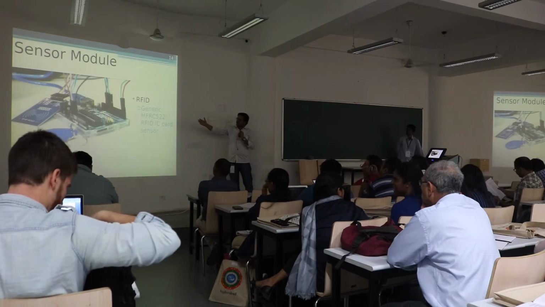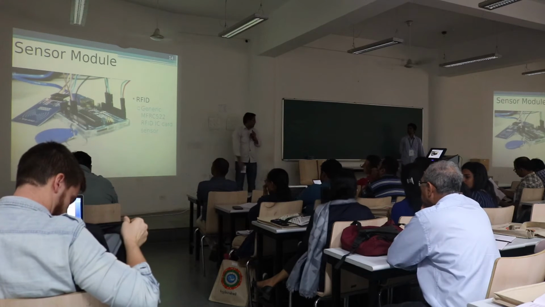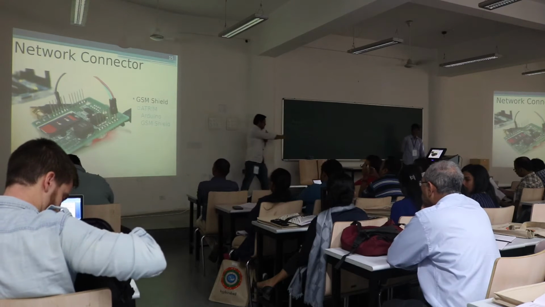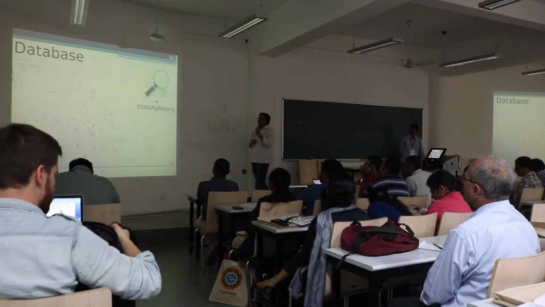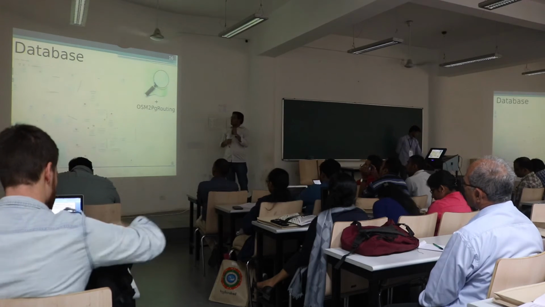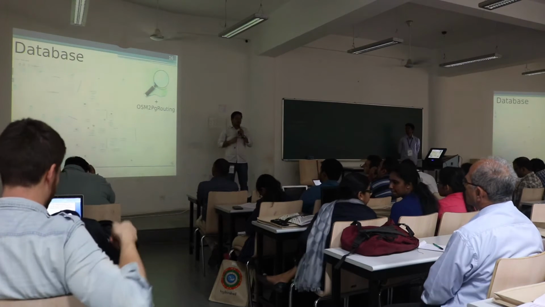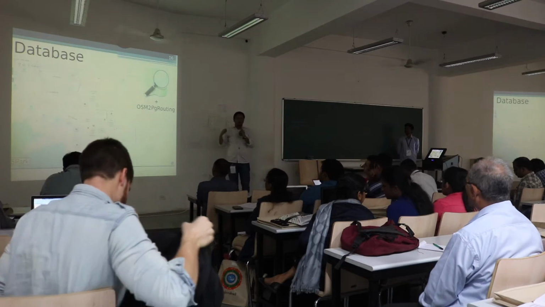The sensor is a simple RFID sensor card, and the network connector is an active Arduino shield. For the database, we are using OpenStreetMap data, and we are converting it through the OSM to pgRouting application to make it routable by pgRouting.